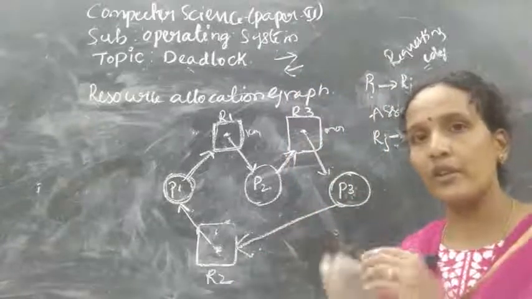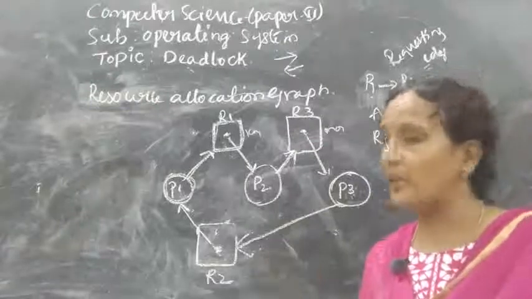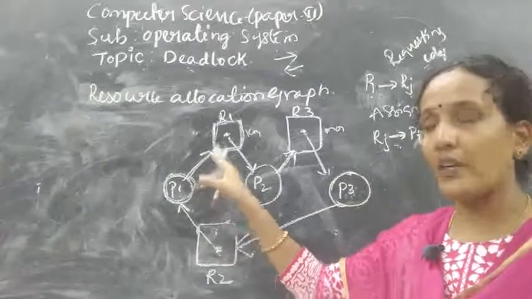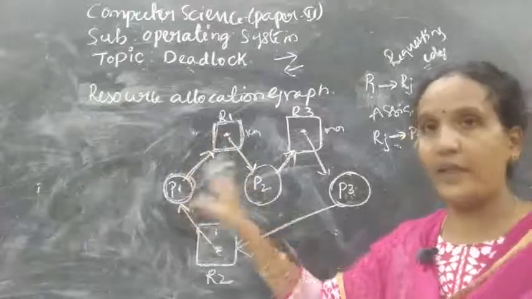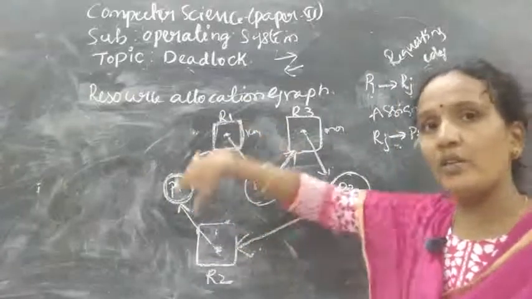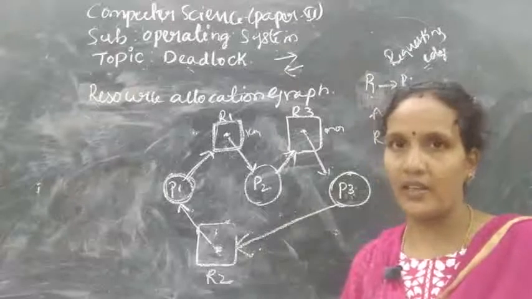And one more thing: for example, P1 is requesting R1. If R1 is assigned to P1, then the request edge is converted into an assignment edge. That property is also available in the resource allocation graph.